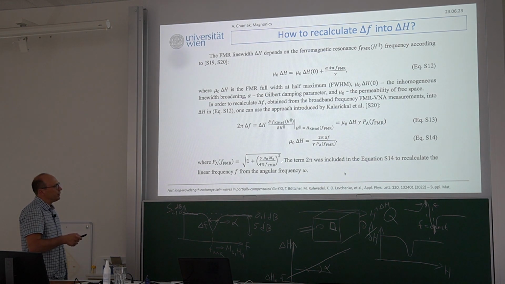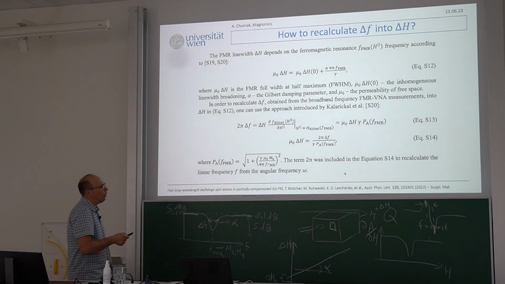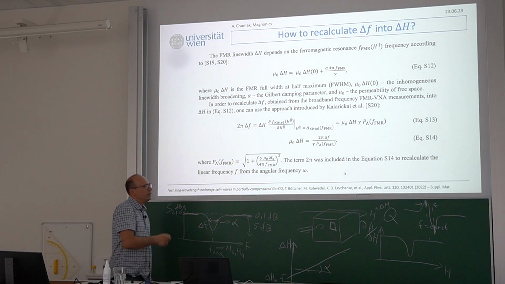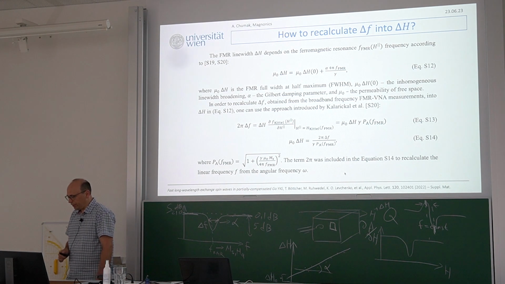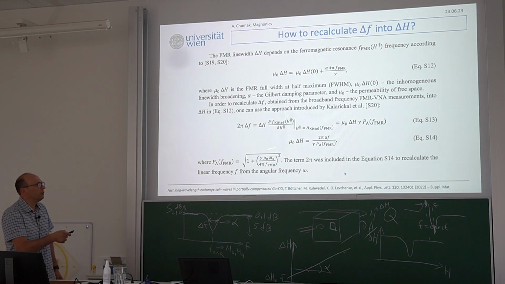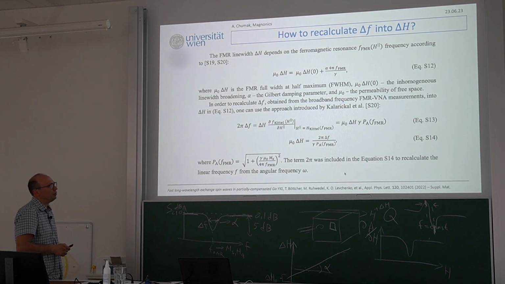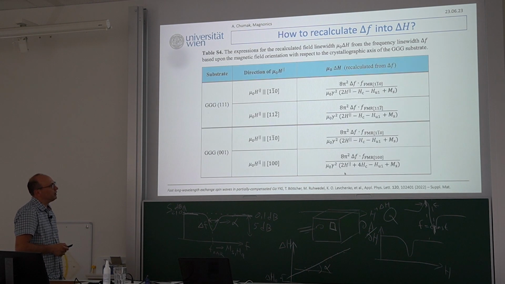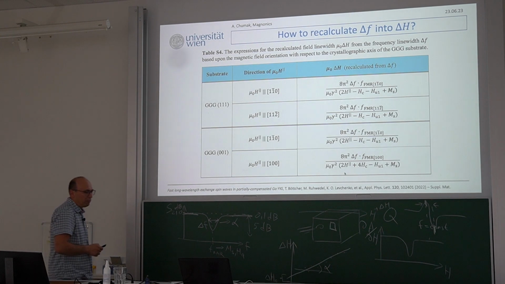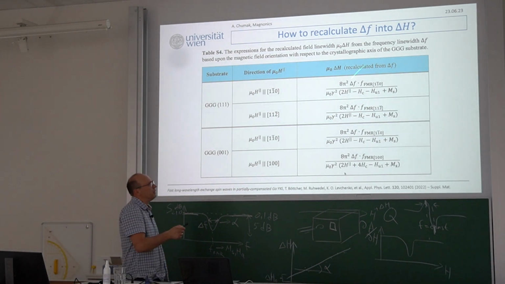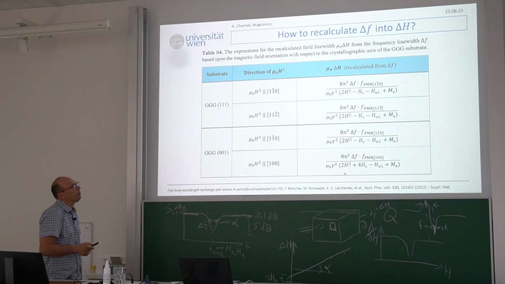Usually, people ignore that the ferromagnetic resonance frequency also depends on anisotropy. So when you do the recalculation, people just use some simple formula or simple Kittel without anisotropy. But if you want to do it super properly, we especially did it in this paper, it stays somewhere in the supplementary material.